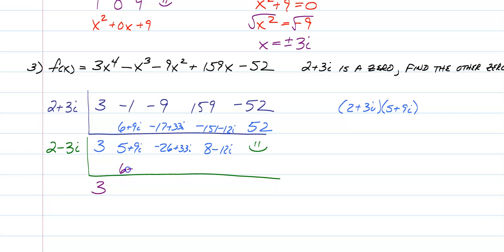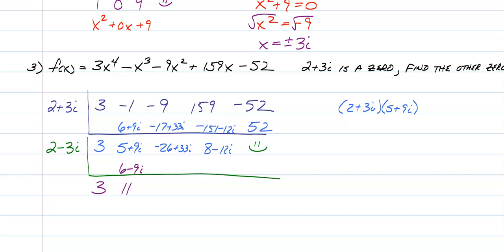So just to save time, if you are multiplying 2 minus 3i times 3, you're just going to get your 6 and your minus 9i. We're going to combine these together, and 5 plus 6 is going to give you your 11. But look, your i's are going to cancel.